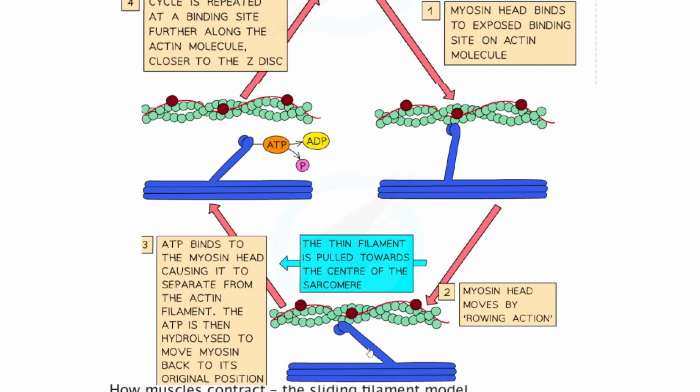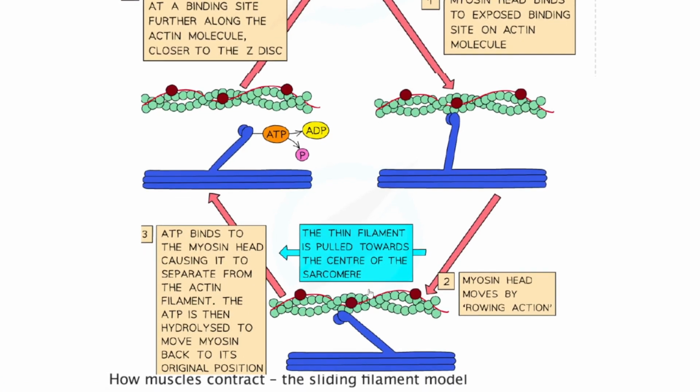So due to the movement of the myosin head, the thin filament moves towards the sarcomere. In a sense, we can say the thin filament is contracting because one end is coming closer to another end.